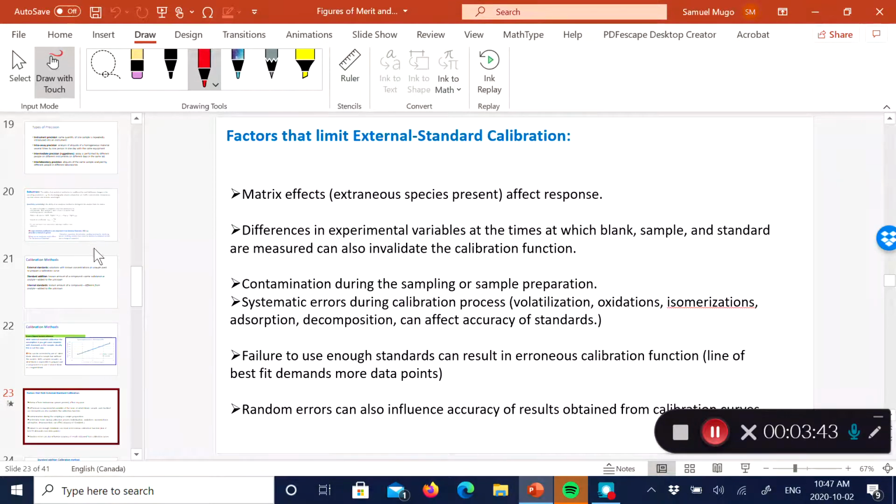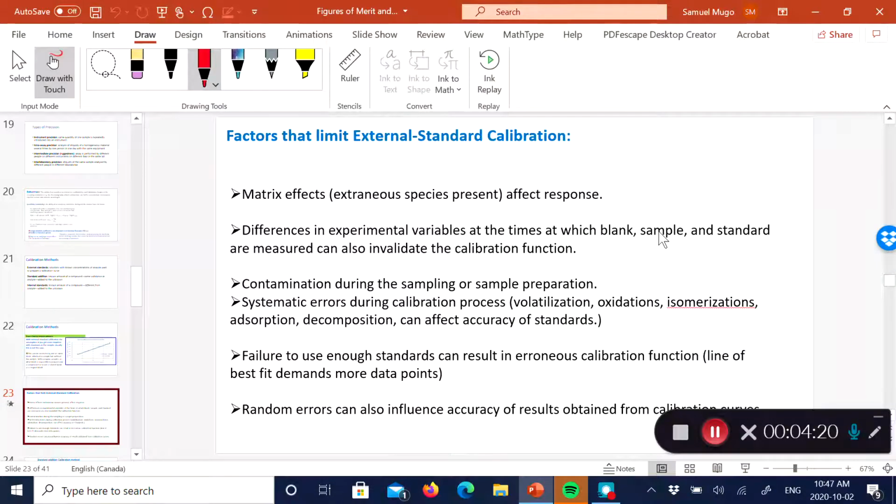And so some of the factors that limit the external calibration method, though it's the easiest method to do in the lab but not the most ideal, is the fact that the matrices in the sample interfere with the analyte response, and that's a problem. Now, also remember, you're making an assumption that the instrument is in the same condition at the time when you're analyzing the blank, the standard, as well as the sample.